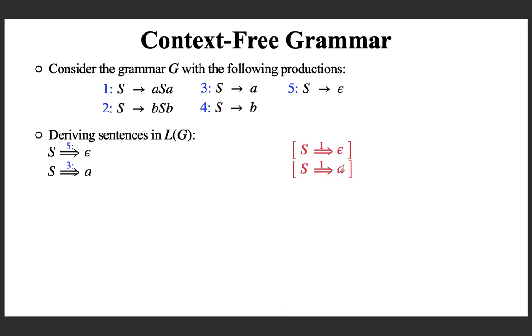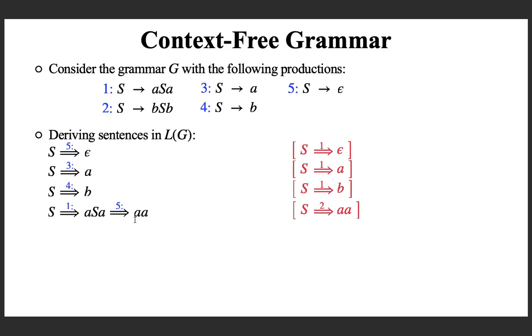So these are in the language. Then I am applying production number 4, I can derive the terminal string B in one step. Then if I apply production number 1, I will get this. Then on this capital S, apply production number 5, I will get AA, which is in the language.